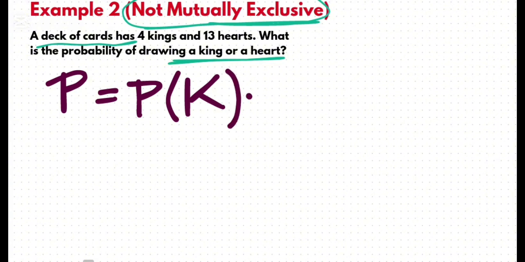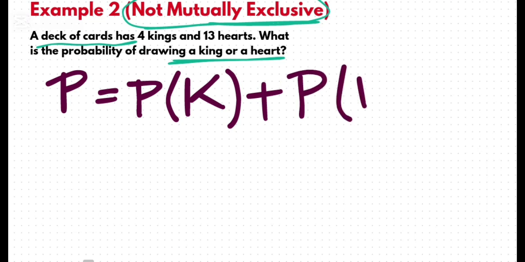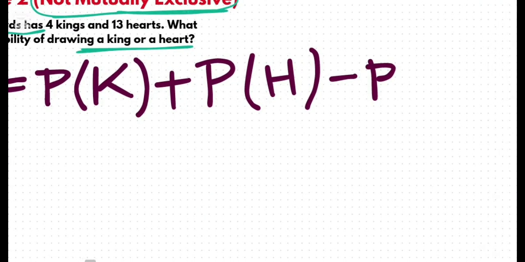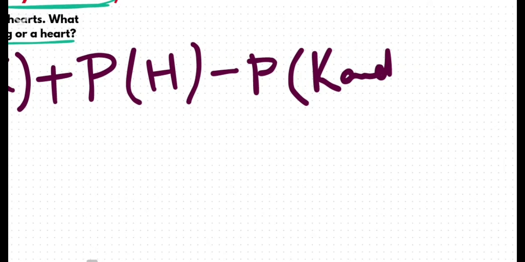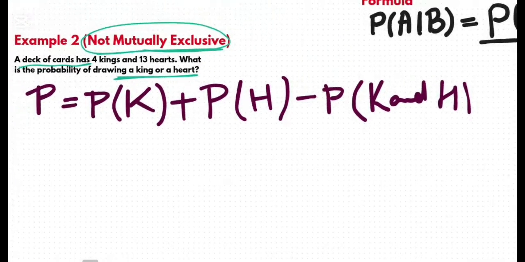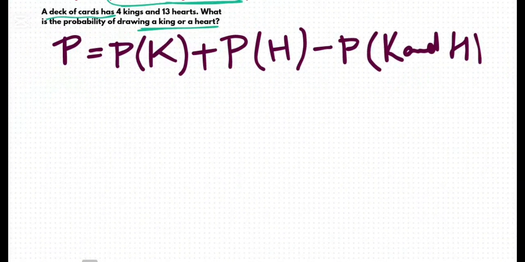Probability of king plus probability of heart, minus probability of king and heart. So this is the formula: probability of king plus probability of heart minus probability of king and heart.